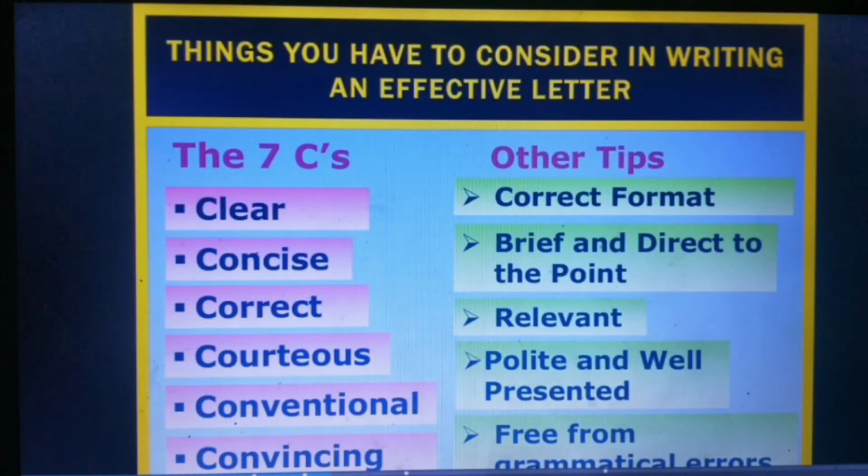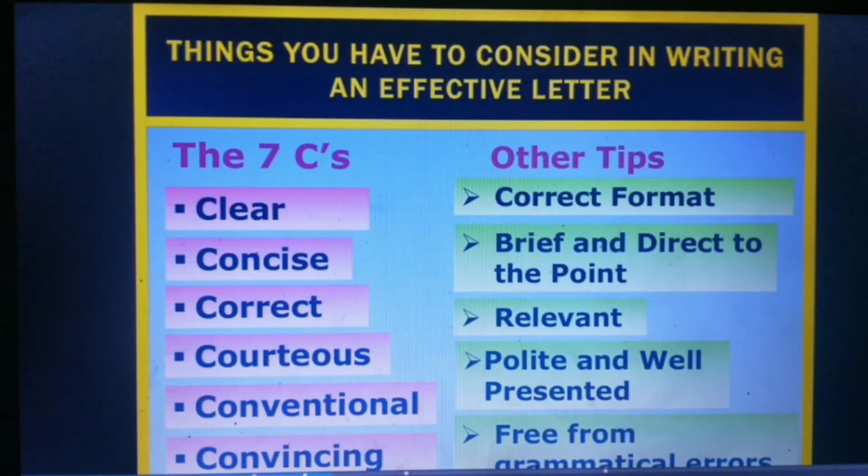Some more, very important tips are: format should be correct, brief and direct to the point. Don't beat about the bush. You have to be short, sweet and direct to the point. Relevant: add only required essential things. Polite and well presented. Free from grammatical errors.